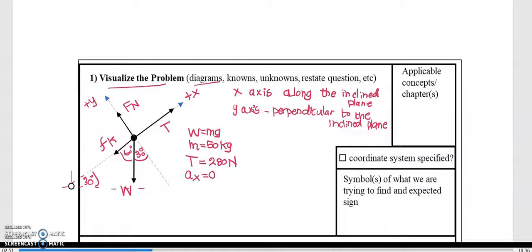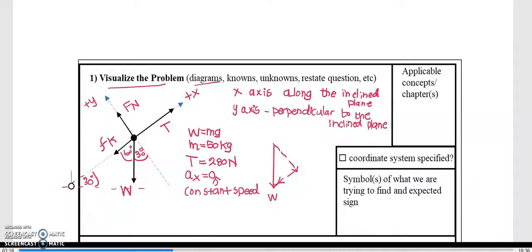And then acceleration in the x direction is equal to 0 because the sphere is moving at a constant speed. Remember, average acceleration is defined as change in velocity over change in time. If there is a constant value for the speed, then there is no change in velocity. So that means acceleration is 0.